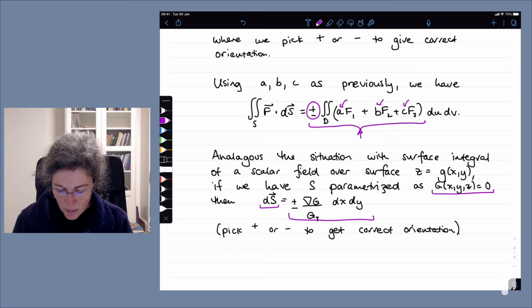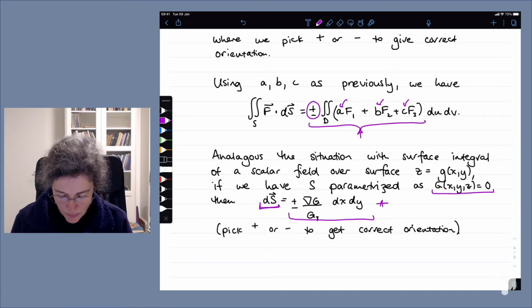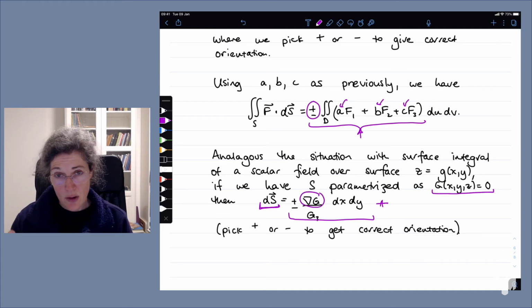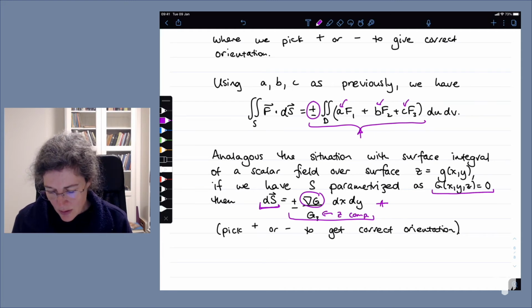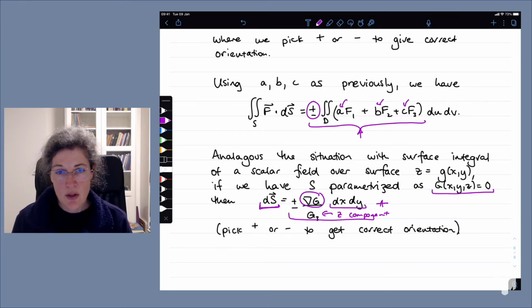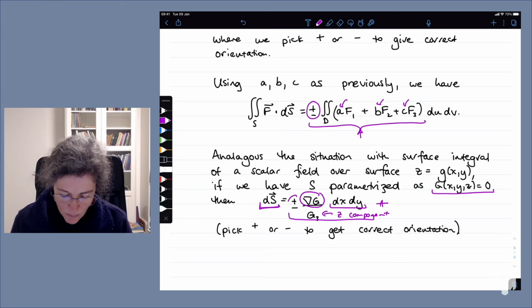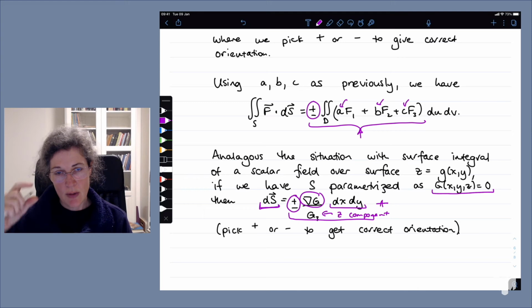And the equivalent of what we just saw is that our surface element is given by the gradient of g divided by the third component, the z component, times dx dy. So the notation looks a little different, but it's almost exactly what we worked out previously. And again, we have to pick plus or minus depending on which way we want our surface element to point. Do we want it out or in?